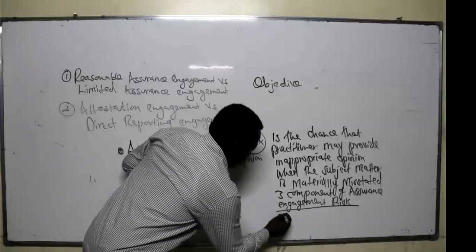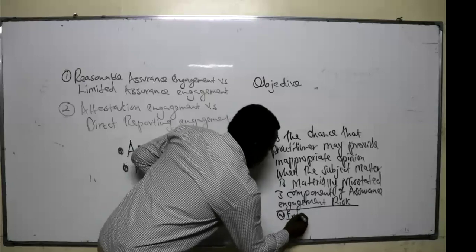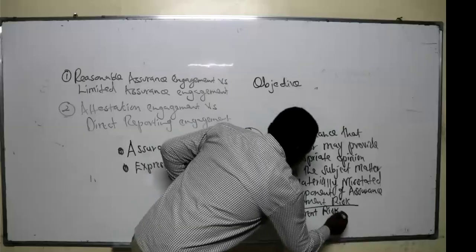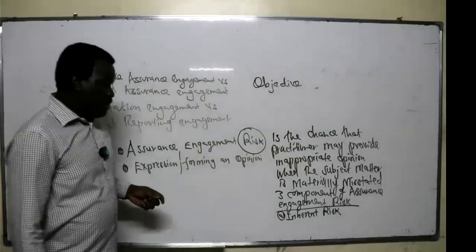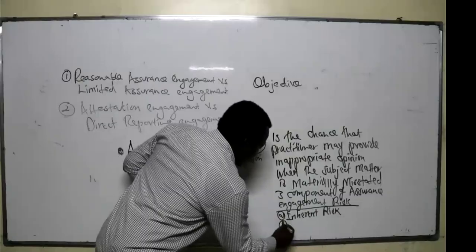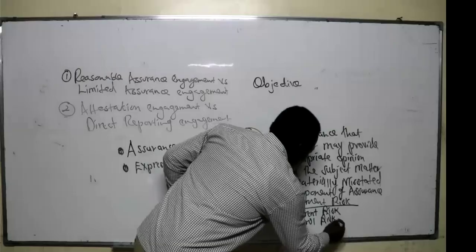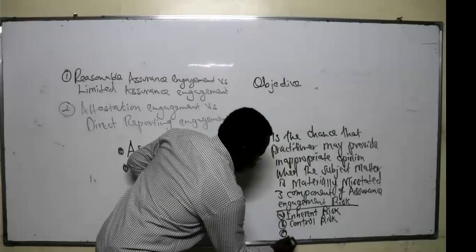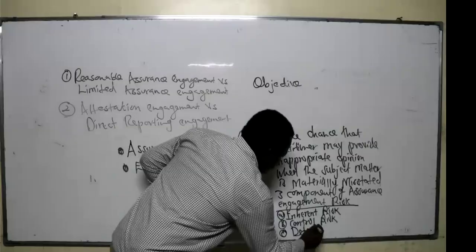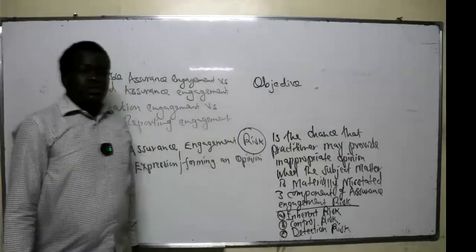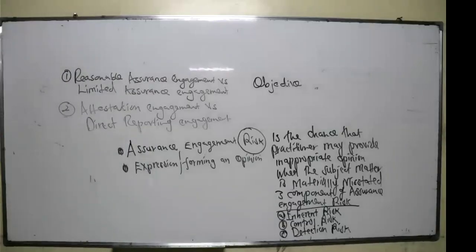Number one is what we call inherent risk. Number two is control risk. Number three, or C, is what we call detection risk. So there are three main components of assurance engagement risk: inherent risk, control risk, then detection risk.